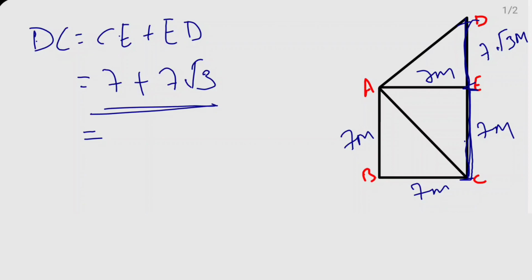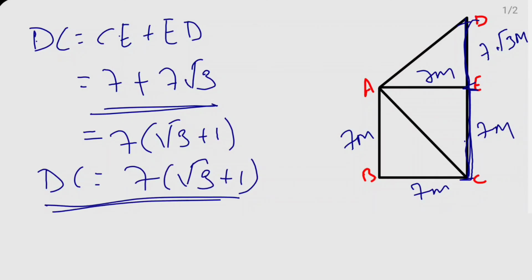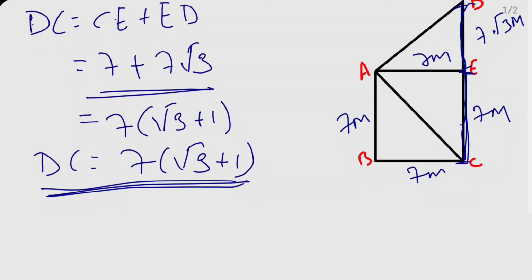So in these two terms, 7 is common, take outside. So here we got root 3 plus 1. So here DC equal to 7 into root 3 plus 1. So height of the cable tower is 7 into root 3 plus 1. So write down the conclusion here.